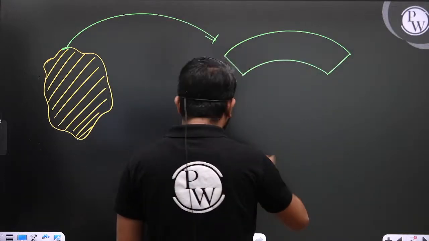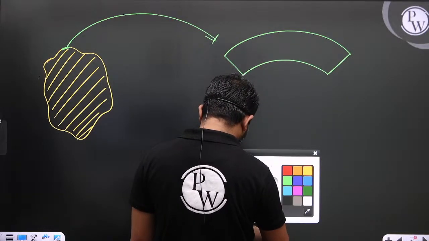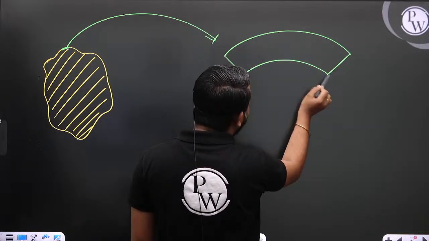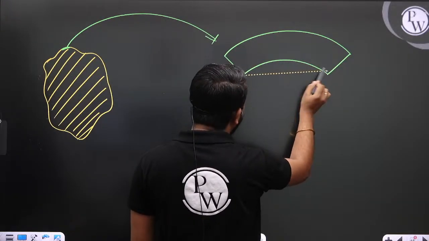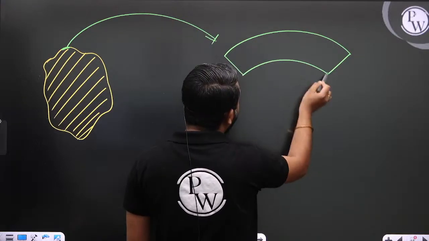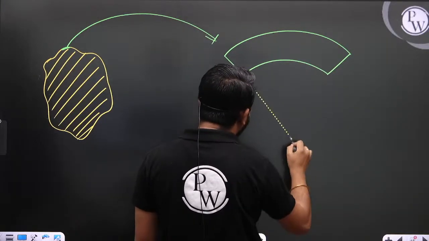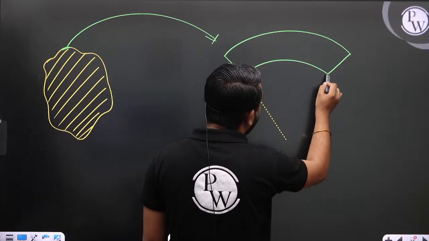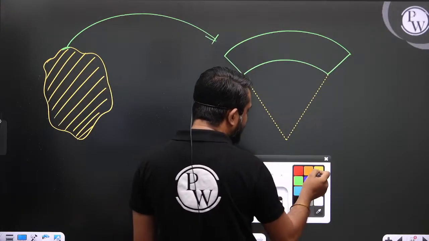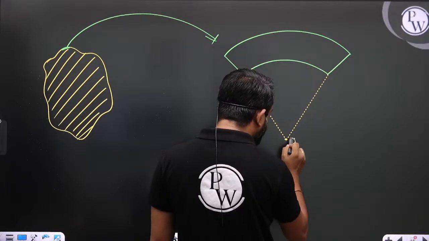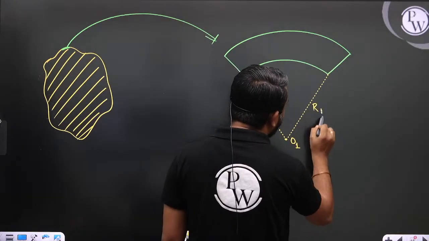Fine. Now see here, for this curvature, this is the radius of curvature. Let us consider this is O1, and this is nothing but the R1.